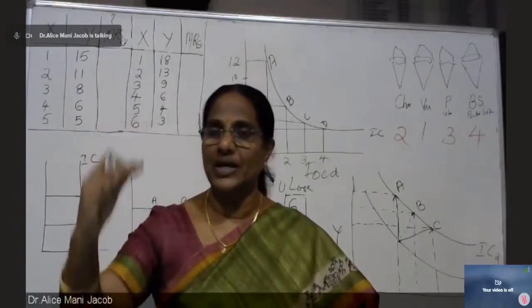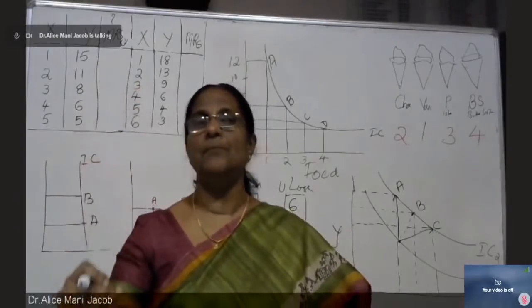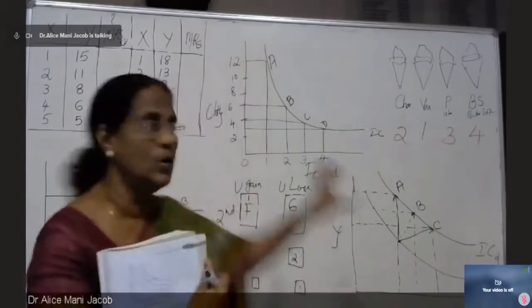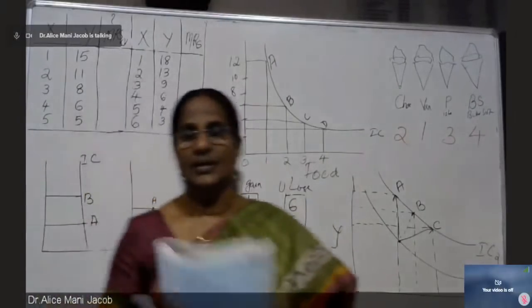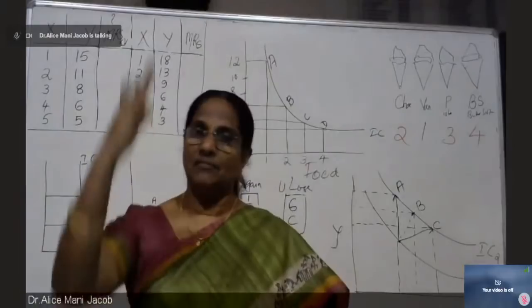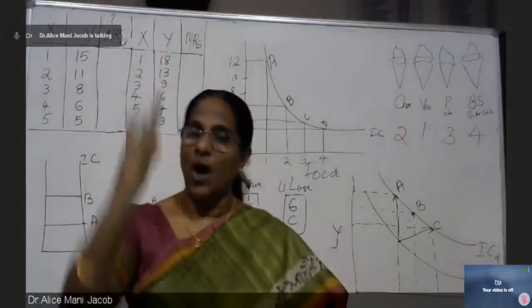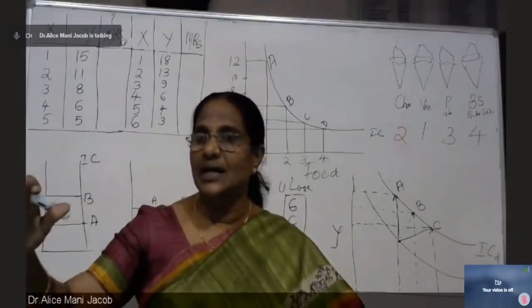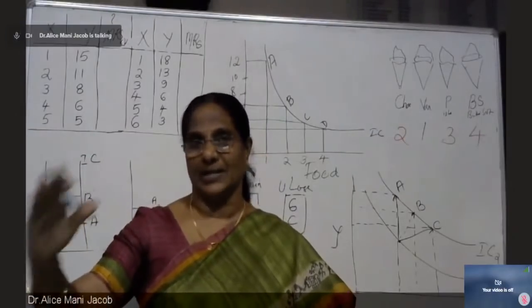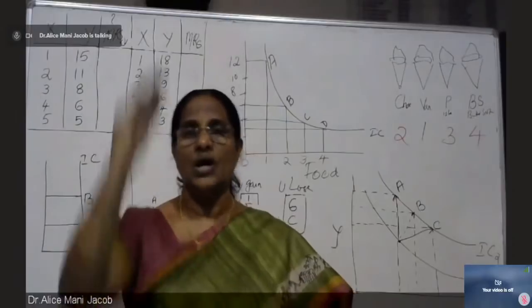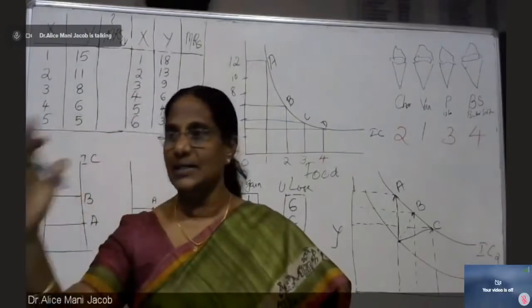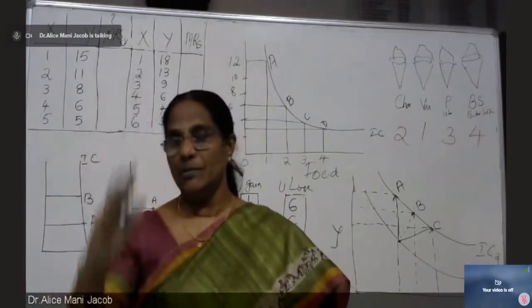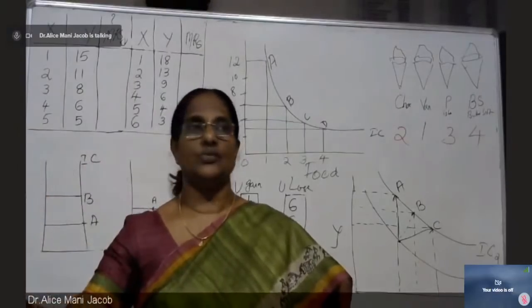The rate at which we are willing to give up Y, here clothing, in order to get an additional unit of X. Hereafter I will be talking in terms of Y and X. Y will be clothing and X will be food.